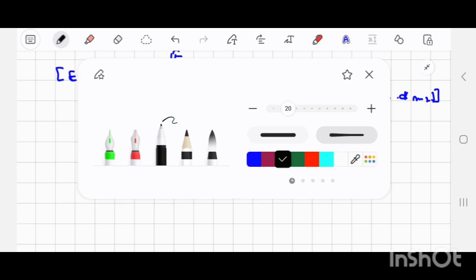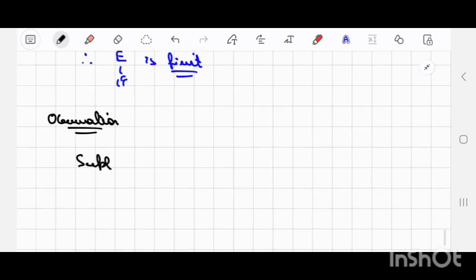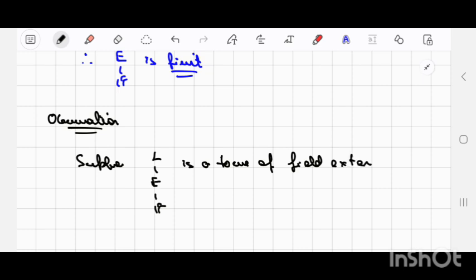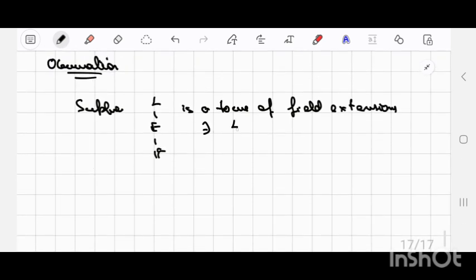Now see the following observation. Suppose L over E over F is a tower of field extensions. These are called towers of extensions. Let us say L over E is algebraic and E over F is algebraic.